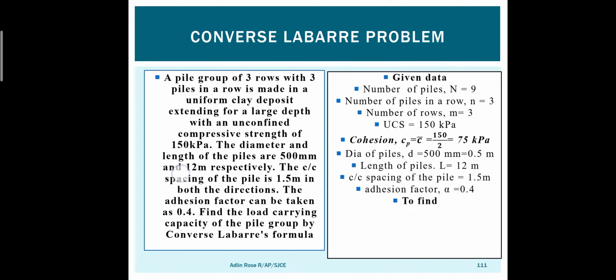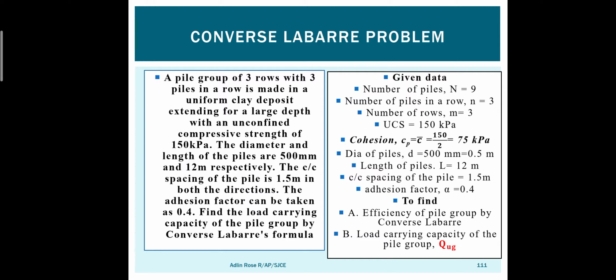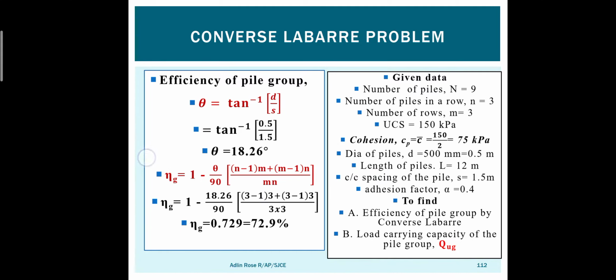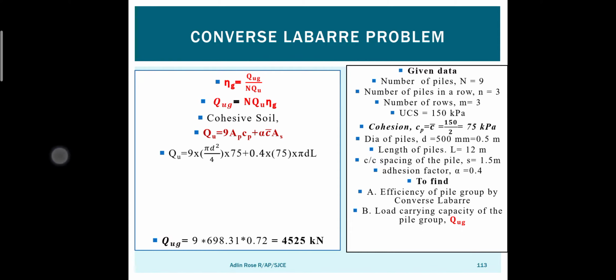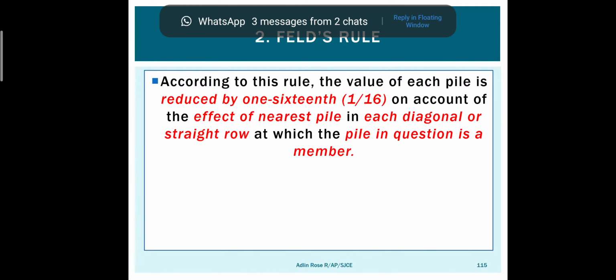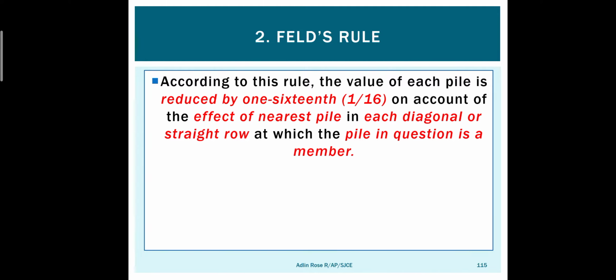We reduce the effect of the nearby pile on the pile which you are considering by 1 by 16. That is the Fell's rule. If you see the statement, the value of each pile is reduced by 1 by 16th on account of the effect of the nearest pile in each diagonal or straight row of which the pile in question is a member.